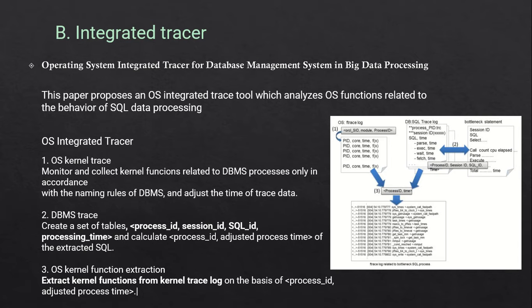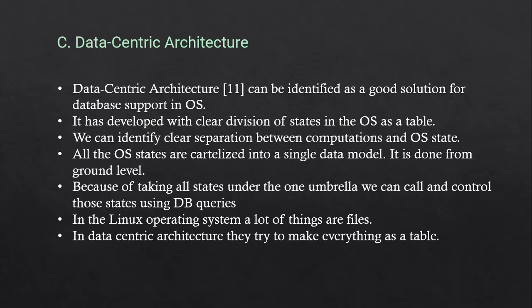The other thing is the integrated tracer. This tracer will help to handle big amounts of data. The tracer will trace the processes, database exchange processes and kernel functions, and it will minimize the traffic between those processors. The other most important thing is data-centric architecture.